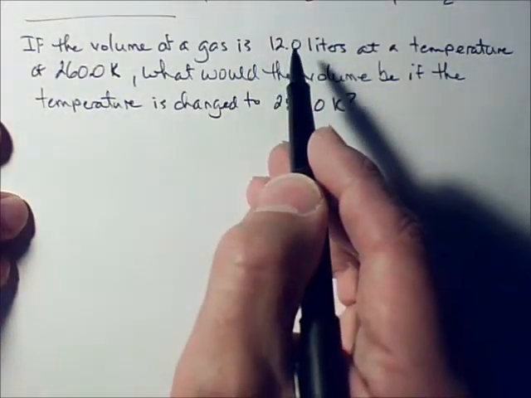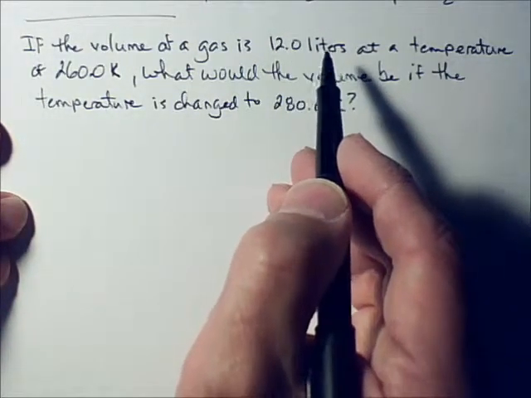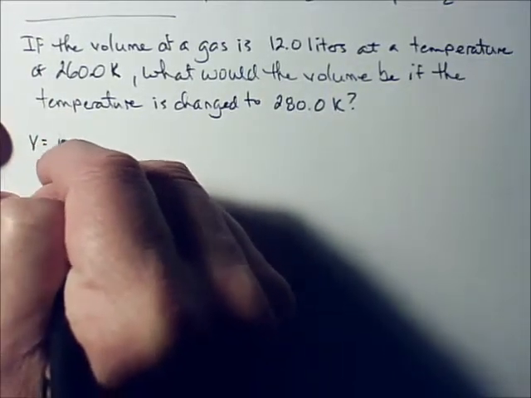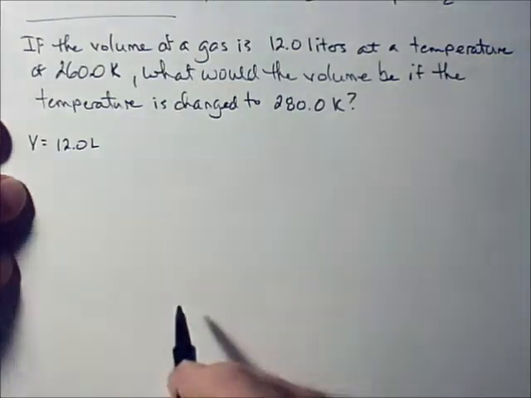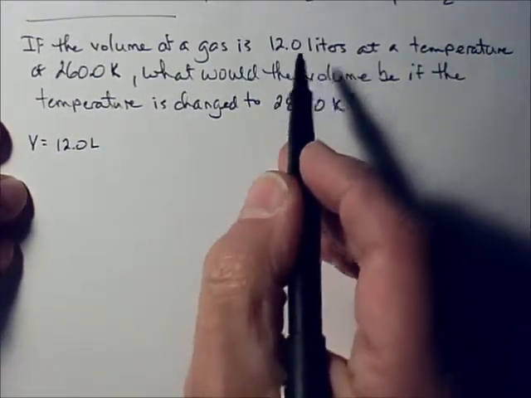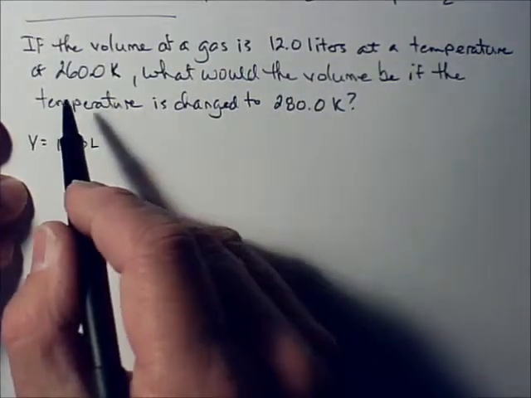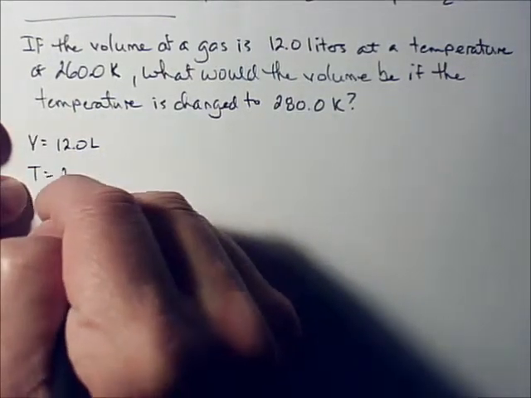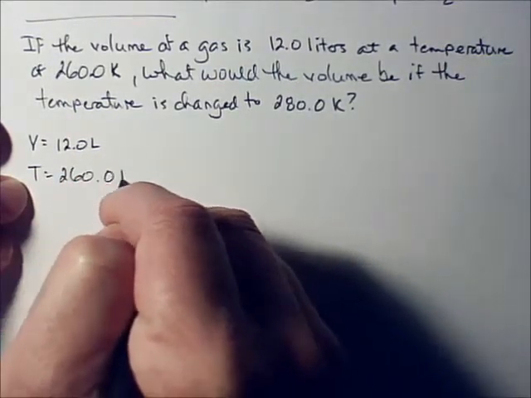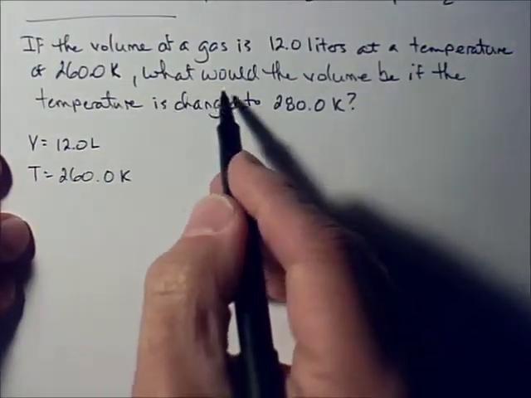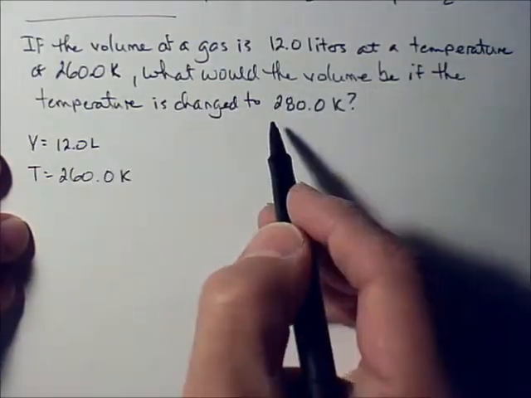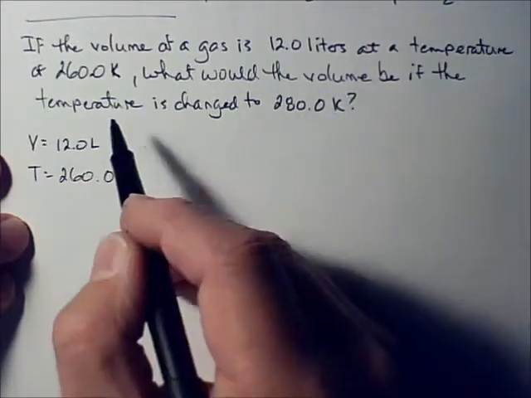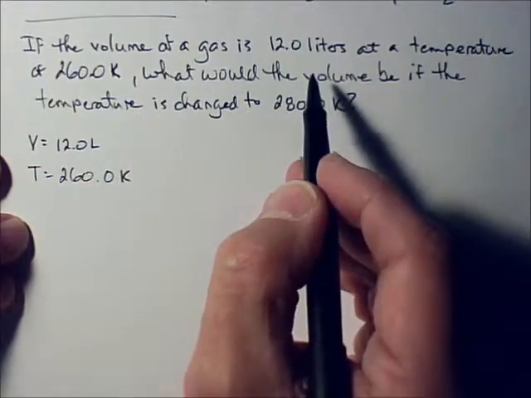And we know that there's a volume initially of 12 liters of this gas, right? So we'll say volume equals 12.0 liters. And we know that 12.0 liters has a temperature of 260.0 K. And then it says, what would the volume be if the temperature changes? So we're going to have a second temperature and a second volume.